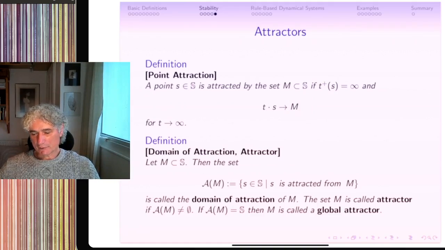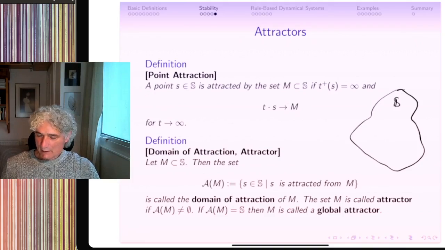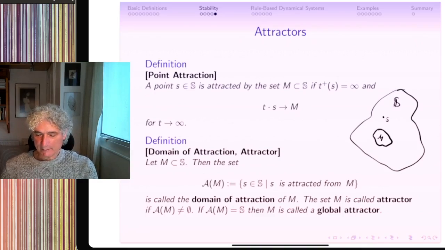In other words, you can have a state space S, then you take out an arbitrary subset, call it M, and then you look at some point S. If, by the shift operator defined by the dynamical system, you converge towards M, then you say that M is attracting S.